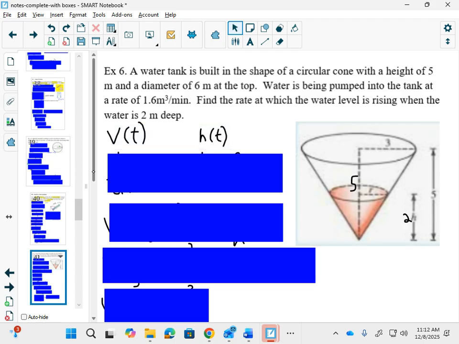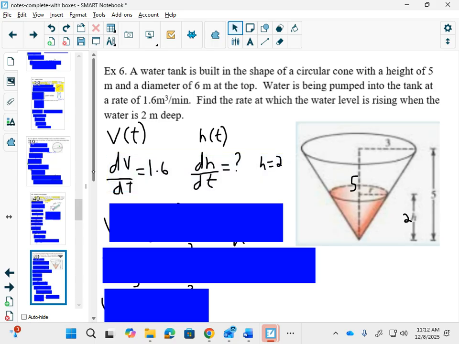So what are our two things that we're relating? We're relating height and we're relating volume. We know that dV/dt was 1.6, and we wanted to solve for the rate at which the height is rising, dH/dt, when h is 2.